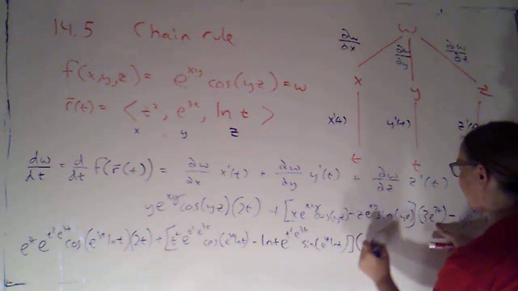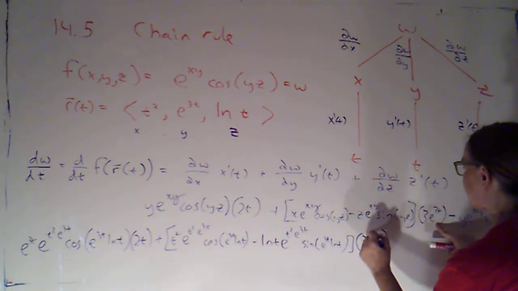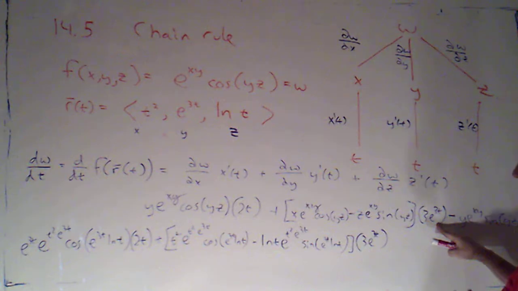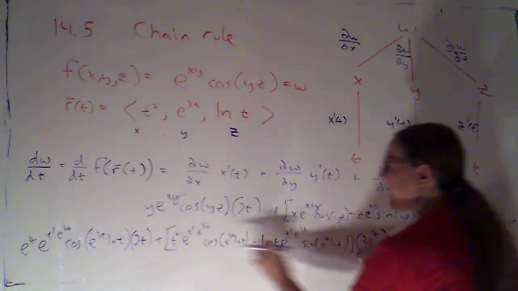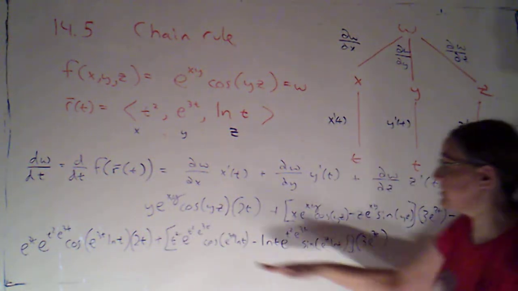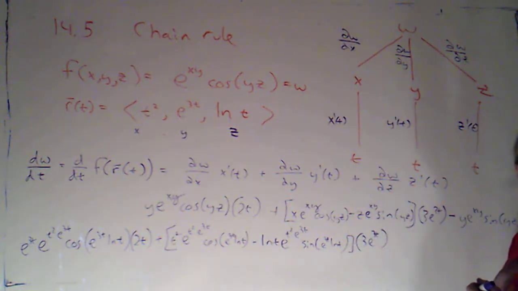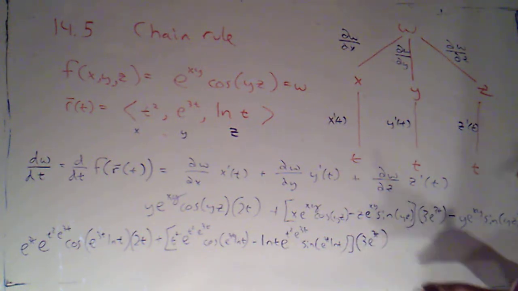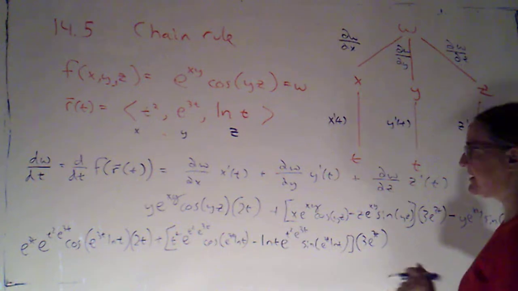And then that whole thing is multiplied by 3e to the 3t. Okay, just make sure I've got those brackets there. It would be optional to do the distribution of the 3 to the e to the 3t. If you want to, you certainly can, but not necessary.